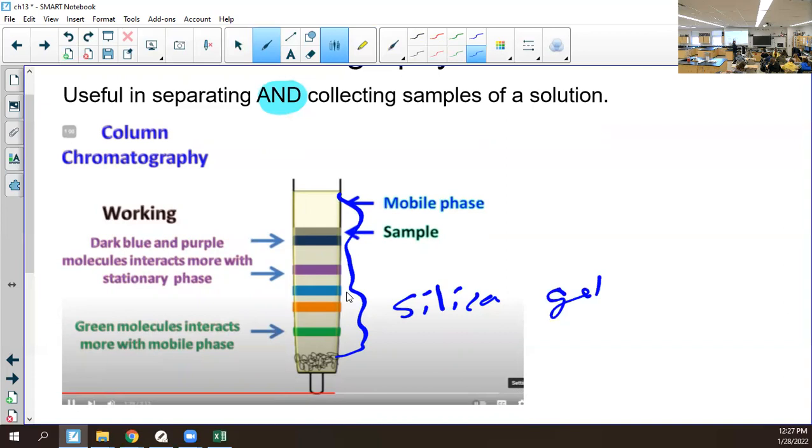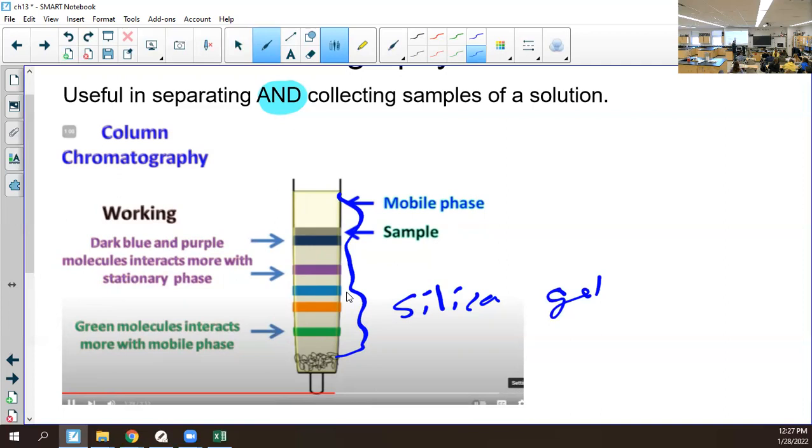Anyone with me so far? Okay, the gel is like a sludge. You put your sample on, you put a mobile phase on that will go through the sludge, like pouring water through sand. You okay with that? So sort of. And then the sample's here, and as it goes through, it takes the things with it, but they move at a slower rate based on their attraction to the gel versus the solvent.